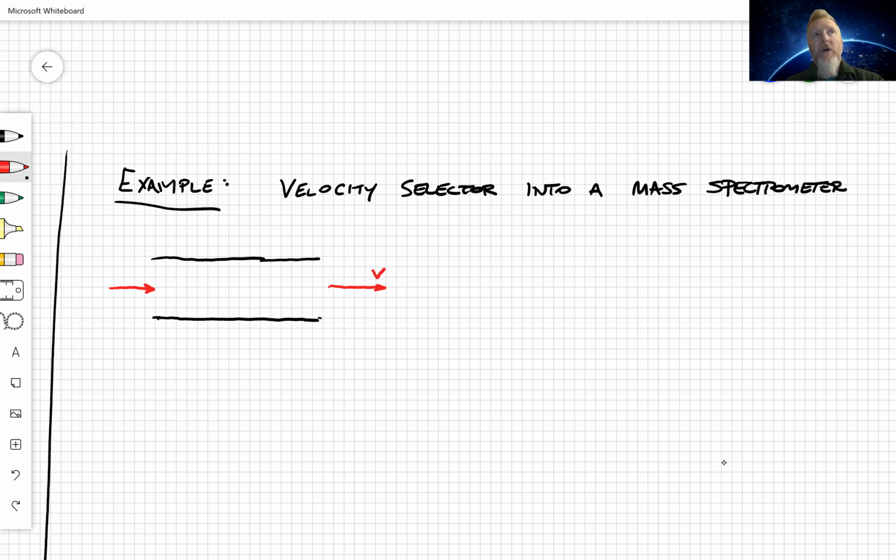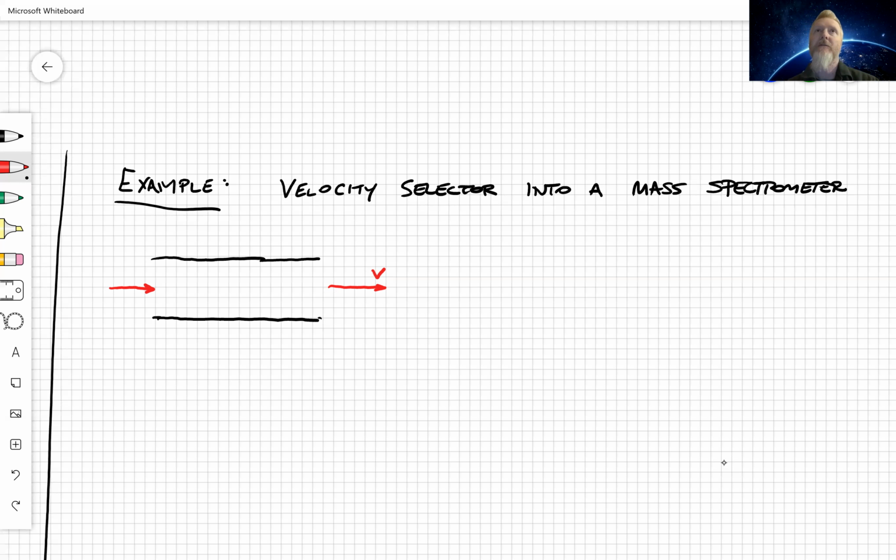In other words, from all of the incoming velocities, I'm going to pick one and allow those to go straight, and all the others are going to curve to the side. It's not that I'm going to change the velocities of these things. I'm just going to get rid of ones which have a velocity that is not the one that I'm asking for.